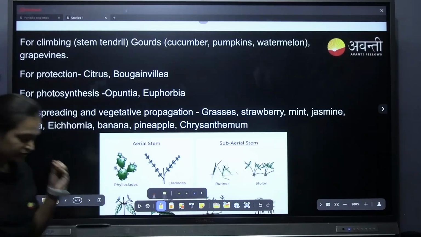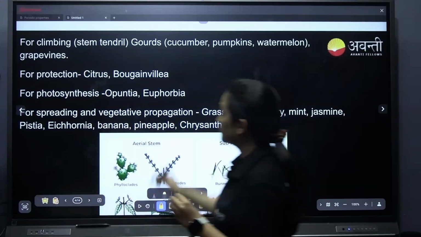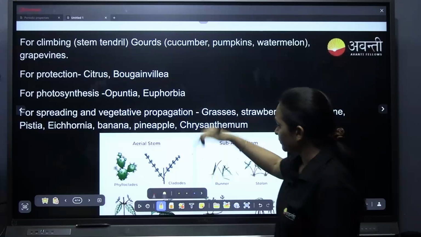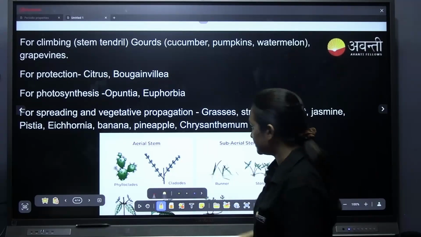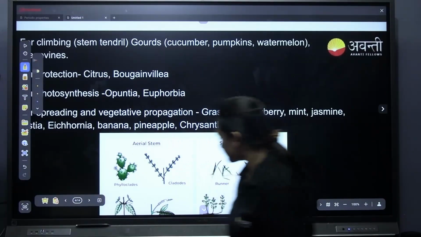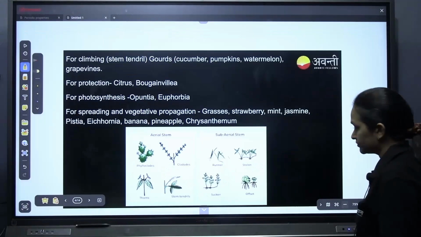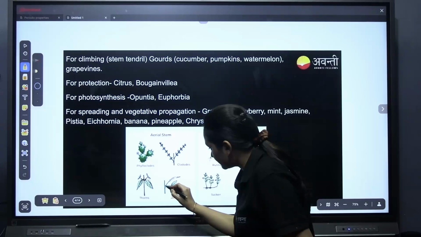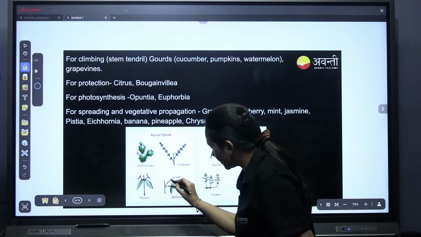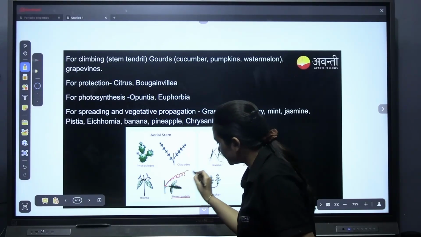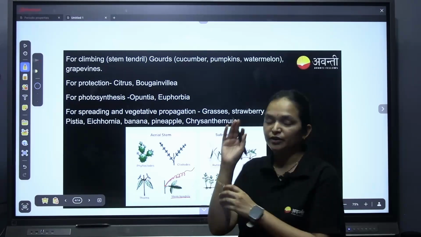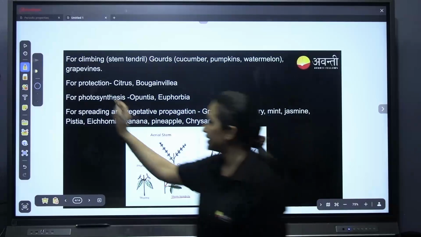Now coming to stem modifications for climbing. From the stem, you see stem tendrils. From the stem it will be coming out like this, tendrils to hold for support, for climbing purpose, especially in grape vines.